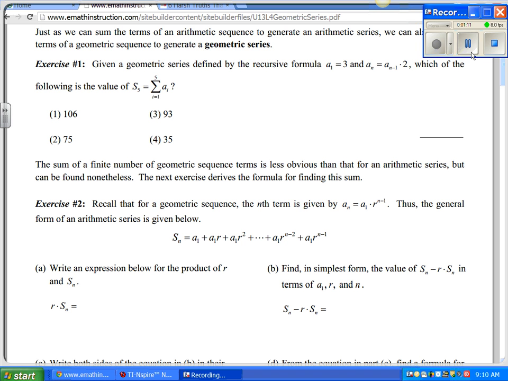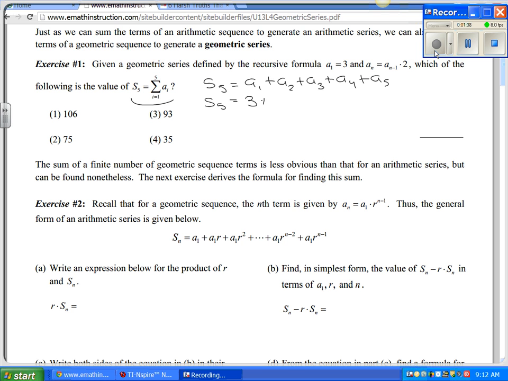So go ahead. Okay, so how many of you started by writing S sub 5 equals a sub 1 plus a sub 2 plus a sub 3 plus a sub 4 plus a sub 5? Because that's what this is saying, right? Since I'm looking for the sum of the first 5 terms, I need to know the value of each of the terms. What's a sub 1? 3.